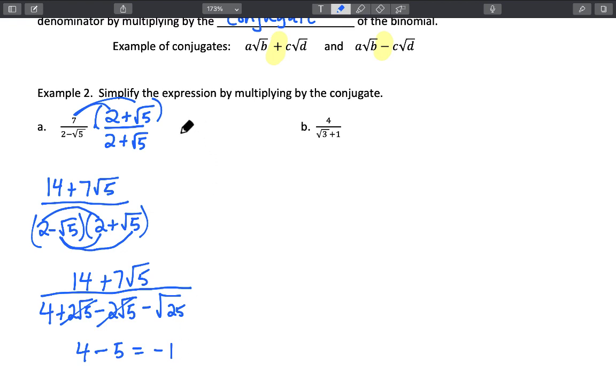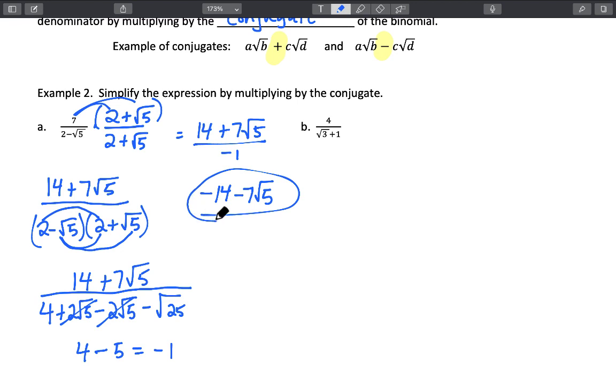So my final simplified solution here is 14 plus 7 root 5, all divided by negative 1. Now when we divide a binomial by a number, we divide both terms. So that's 14 divided by negative 1, and that's negative 14. And then that's 7 root 5 divided by negative 1, so that's negative 7 root 5. And there is our final simplification.